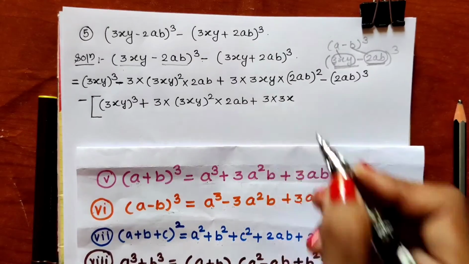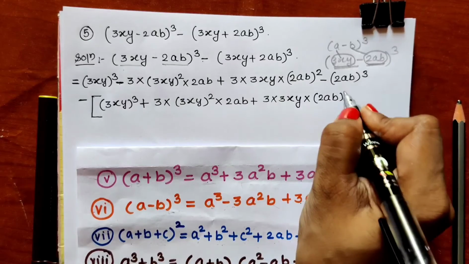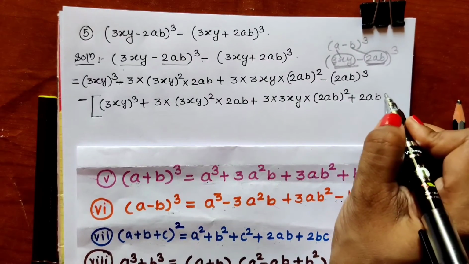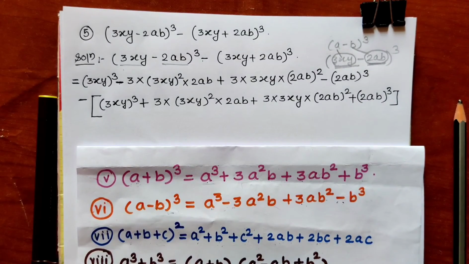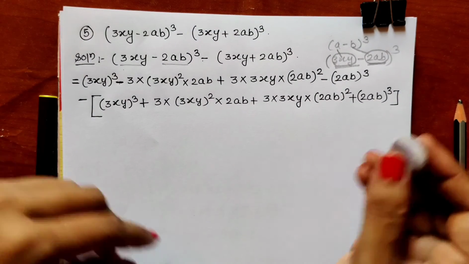So 3 into a is 3xy, into b square means (2ab) square, plus b cube. So b cube means (2ab) cube. Close the bracket. Okay, so in this way we have applied the formula.